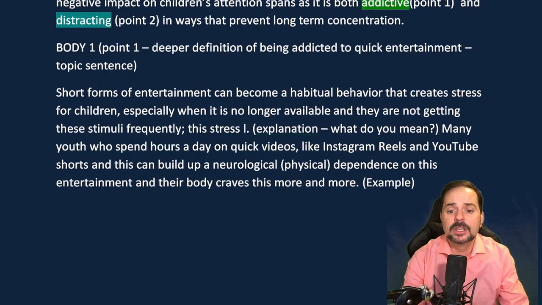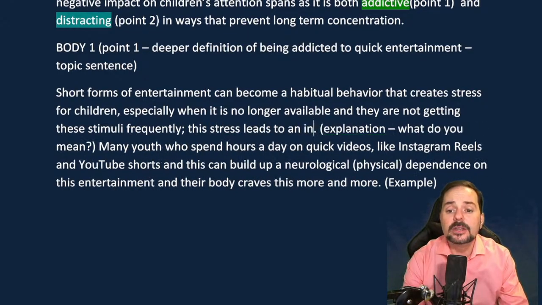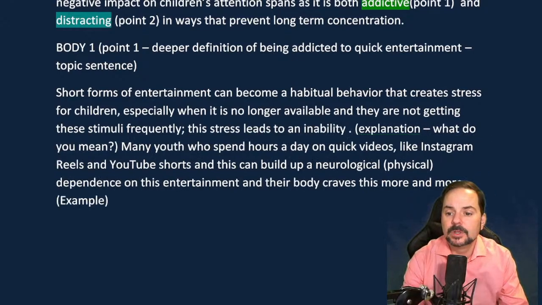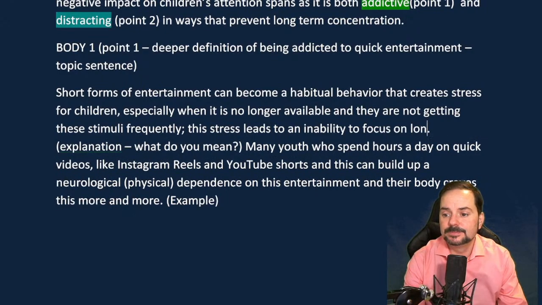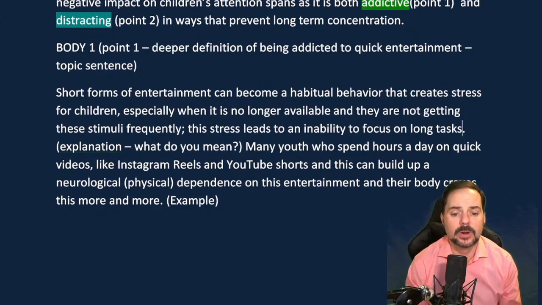This stress leads to an inability to focus on long tasks. Okay, so now I have that controlling idea, all right?